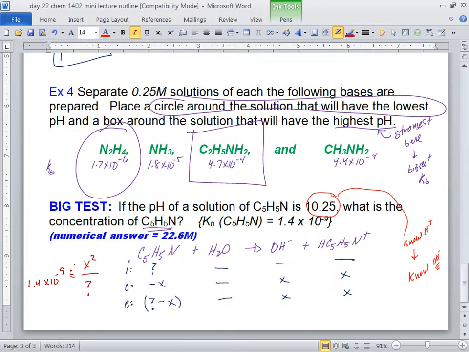And you know what x is, so just solve for the question mark. That makes sense? That's how I would do it. And we can drop the minus x on the question mark because it's 10 to the negative 9. It's just going to be some work to get that x, though.